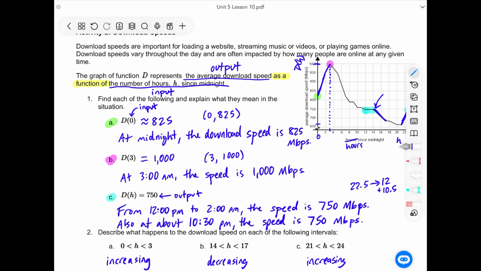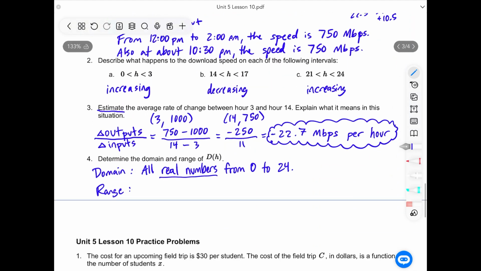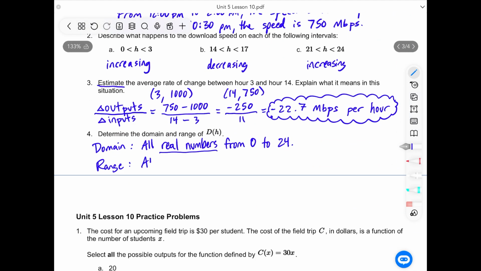It's a continuous graph that goes all the way up to 1,000. And then without skipping any speeds along the way, it comes all the way down till we reach that bottom value at 670. So I'm going to say the range is all real numbers from the minimum, 670, to the maximum of 1,000.